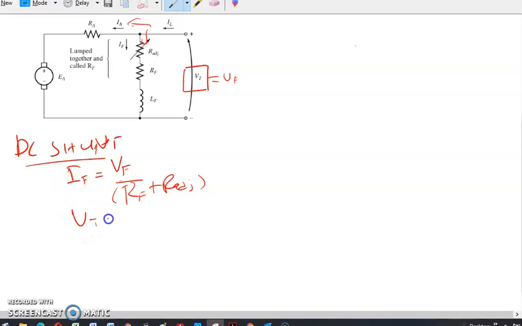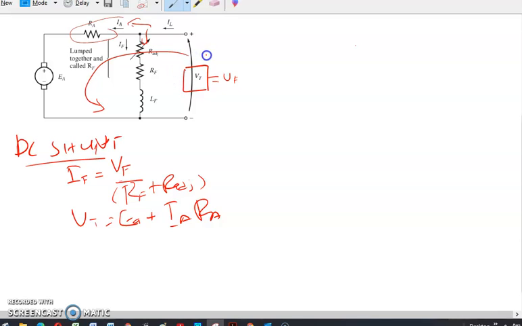Then for VT, applying the inner loop, VT is equal to EA plus IA RA. That's the second equation.